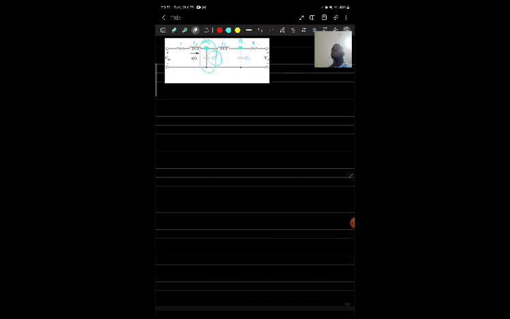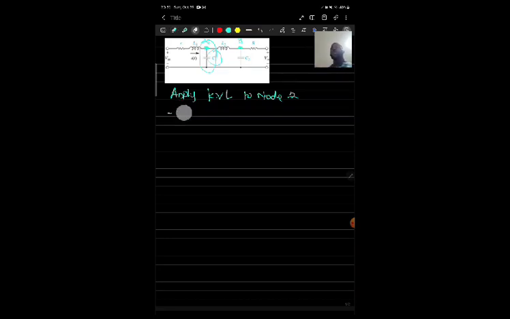Okay, so apply KVL to node 2, and it works the same way. In node 2, we can say the current going in is going across the capacitor 1.